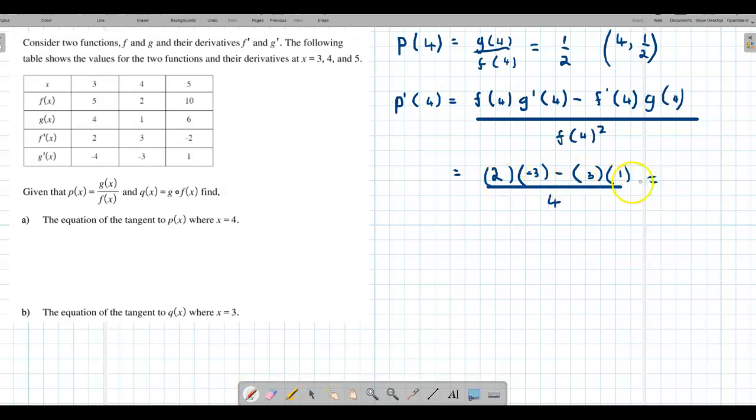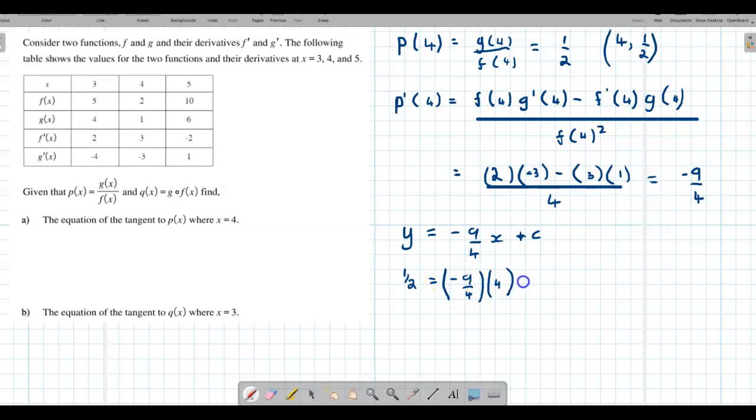And that gives me -6 minus 3, which gives me -9/4. Now that's the gradient at my point (4, 0.5). So my curve looks like this. The tangent looks like y = mx + c. The y is a half. The x is conveniently 4.